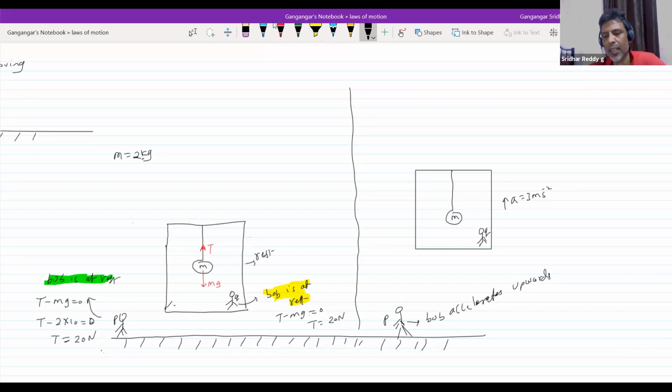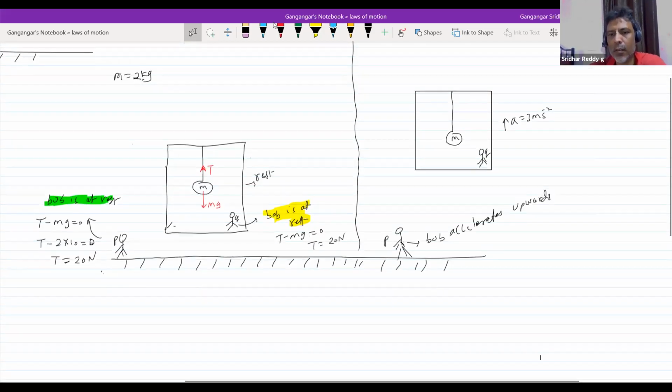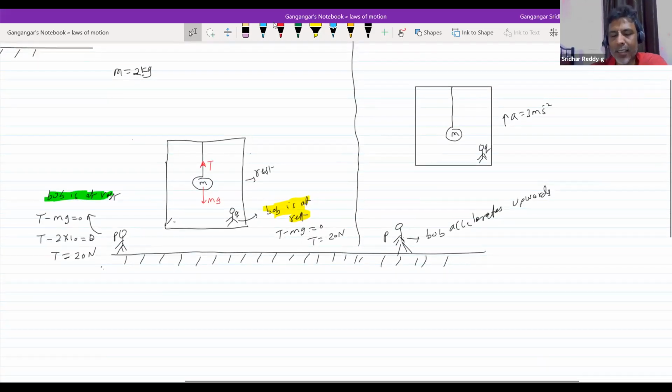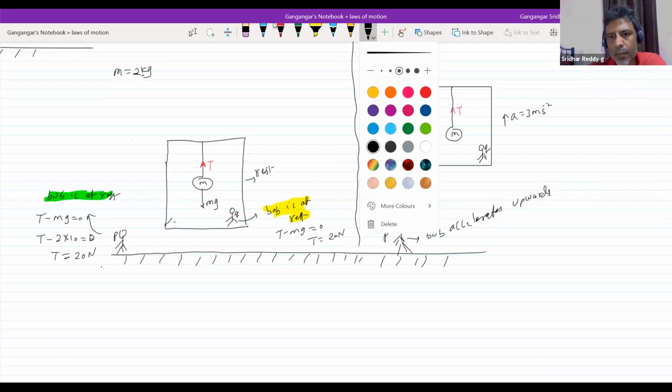So this will be the comment of that person. He says, Bob accelerates up. Then what are the forces? So this will be the tension, and this will be the weight, mg. So what equations will you write for person P?